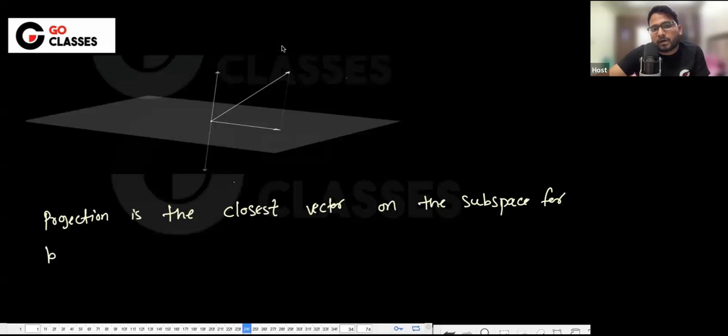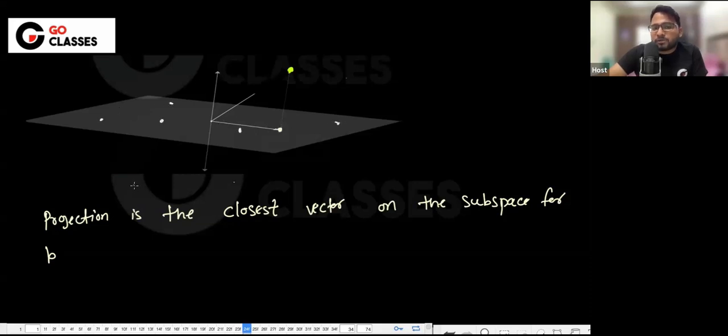In terms of vectors, if you want to understand, that's fine, but in terms of points, definitely you can understand. Let's not worry about the vectors and all. Let's suppose this is one point, and there's another point, and there are many points here.